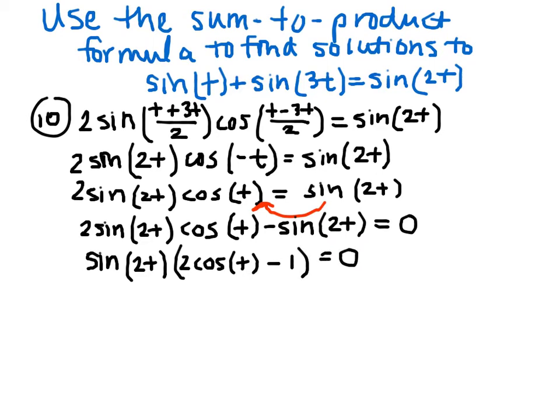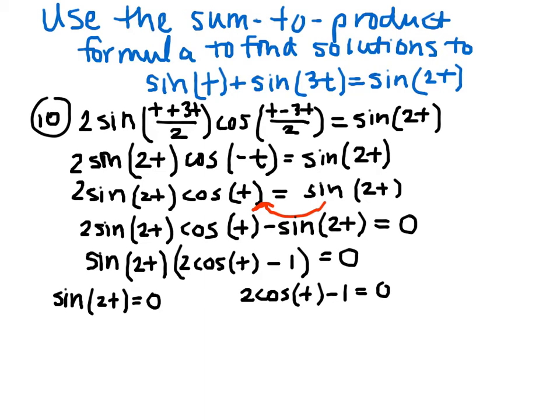That's equal to 0. Now we have a product on the left-hand side equal to 0. And so we set each expression, sine of 2t equal to 0, and 2 cosine of t minus 1 equal to 0, and we solve for t.